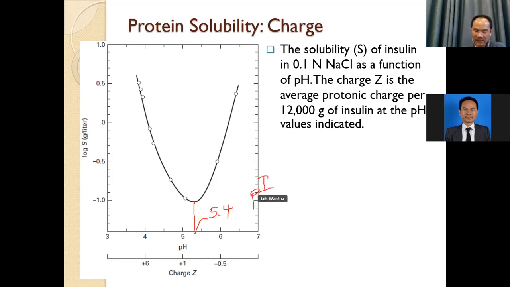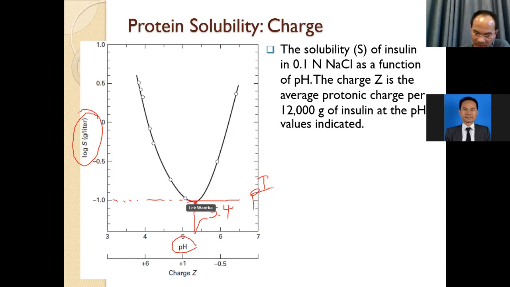The pI corresponds to the minimum solubility. This is the solubility; we plot log S versus pH.